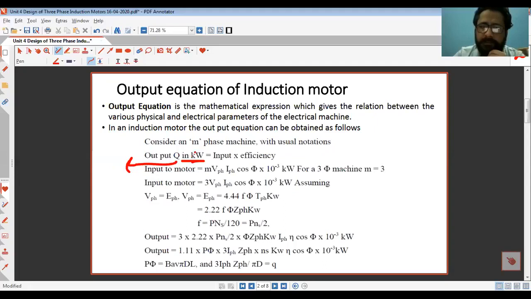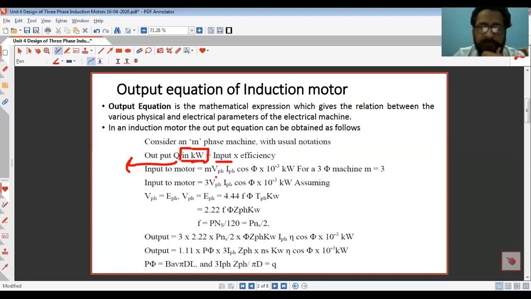Output kilowatt, because the electrical power is dissipated by the motor, so it is in kilowatt. So output kilowatt is the input supply, input basically volt amperes, and the efficiency of the machine, right?